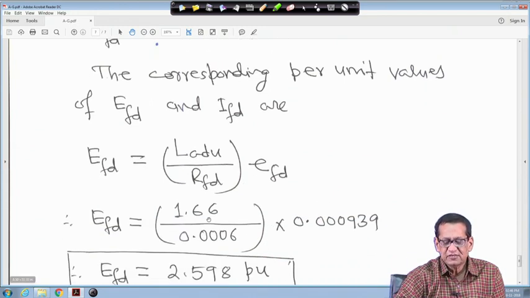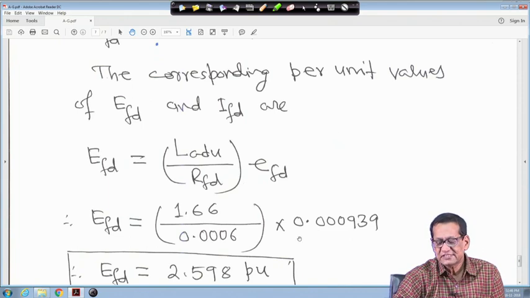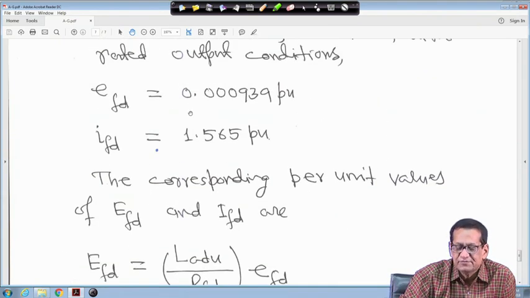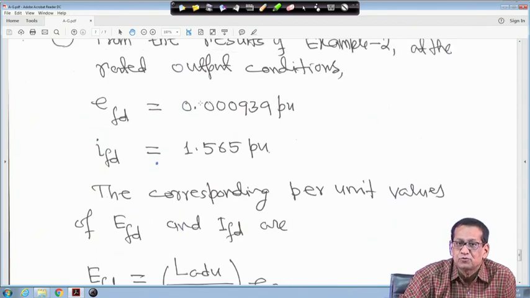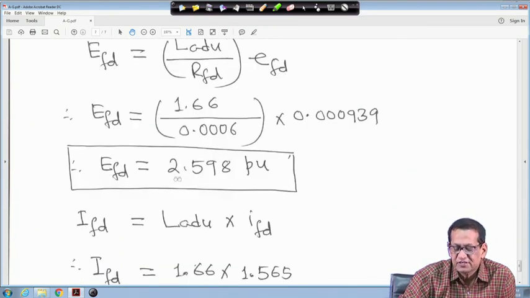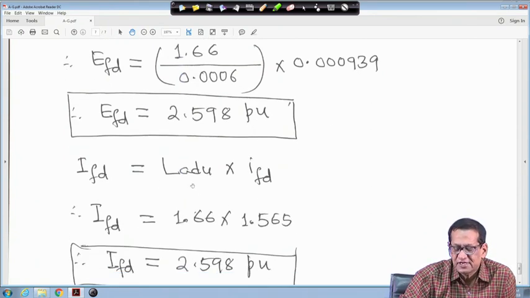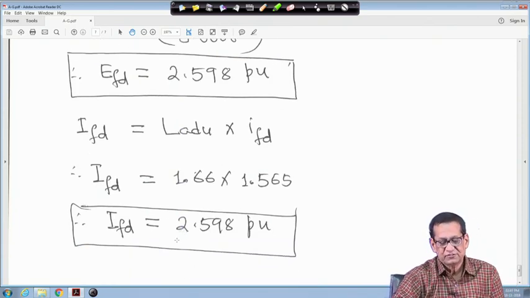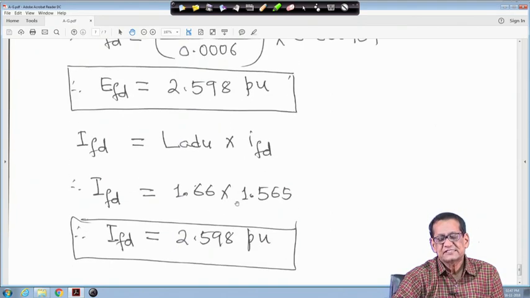Therefore, EFD is equal to 1.66 upon 0.0006 into 0.009339, which we got from example 2, so it is coming 2.598 per unit. Similarly, IFD is equal to LADU into IFD, so IFD is equal to 1.66 into 1.565, which is 2.598 per unit. So, EFD and IFD in per unit are coming the same for this case.